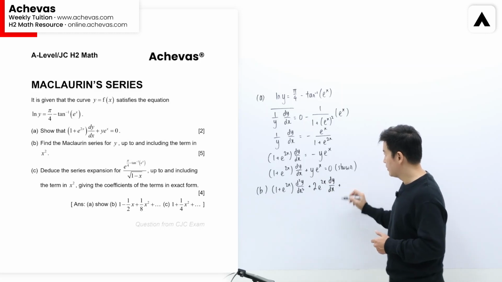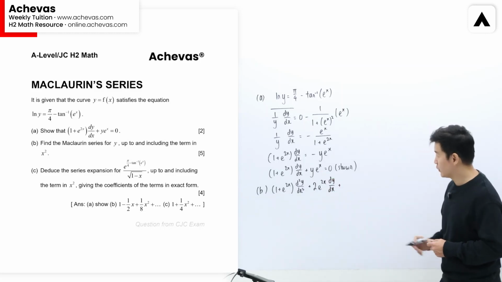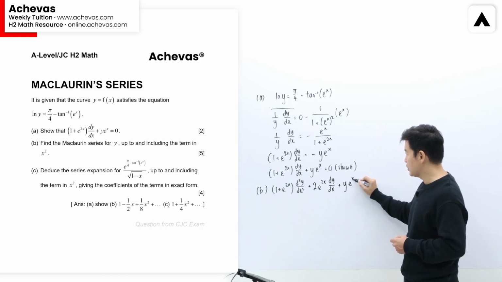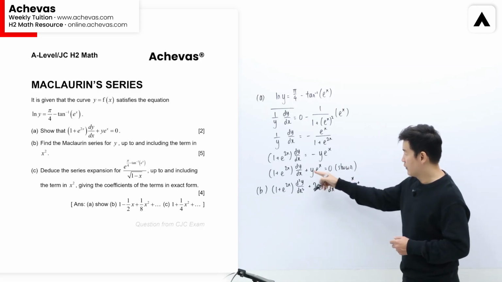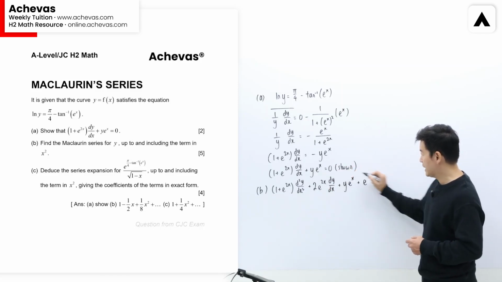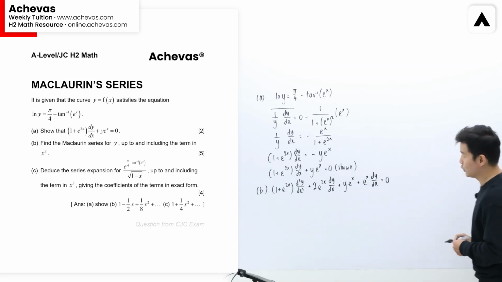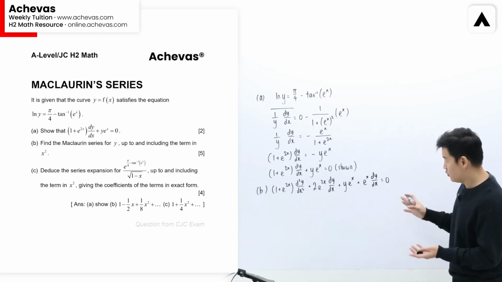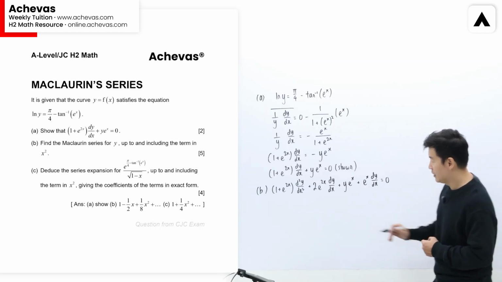So we will have this plus, again, another round of product rule. So it will be y, differentiating e to the power of x will still give us e to the power of x. Then differentiating y, holding e to the power of x constant, it will be dy dx here. This is going to be equal to 0. Although it is not necessary, we can do a little bit of grouping here.